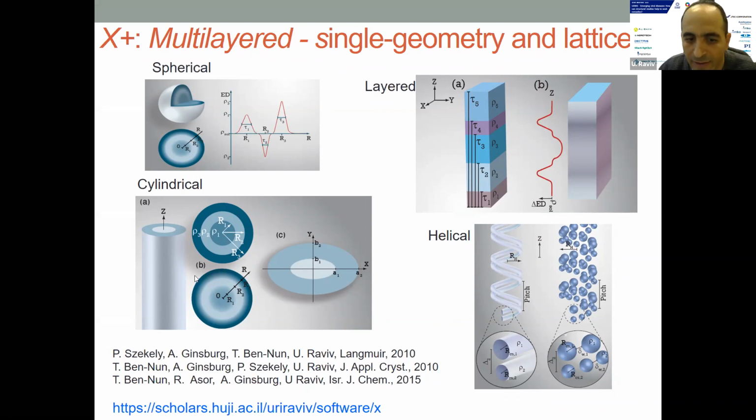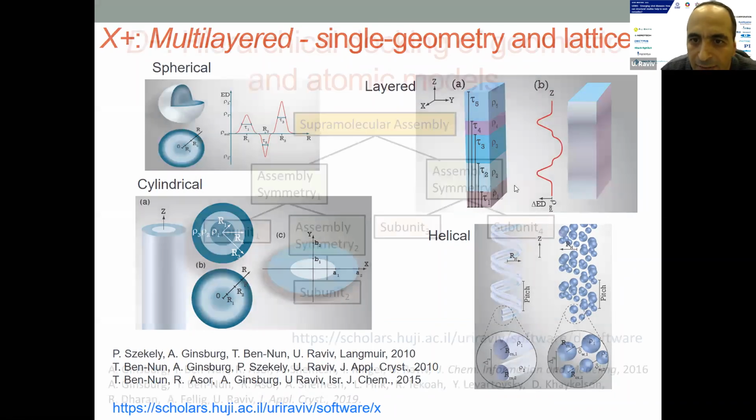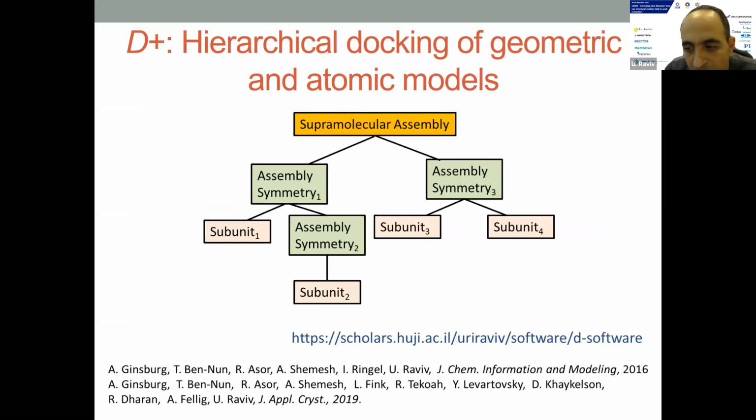And then we did it for other geometries like cylindrical, helical, or layered structures, but this was not enough in this case. So 2 years ago, we published a much more advanced software for data analysis of solution scattering.